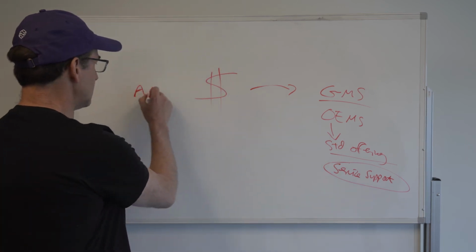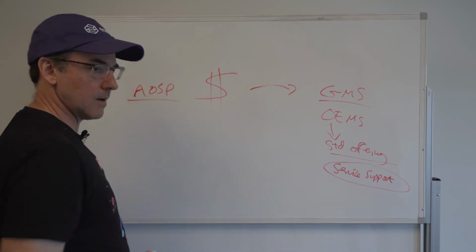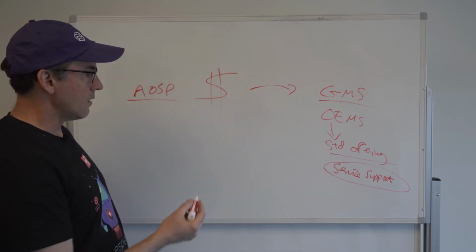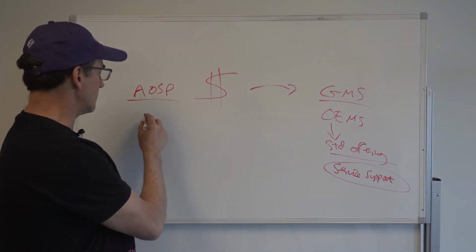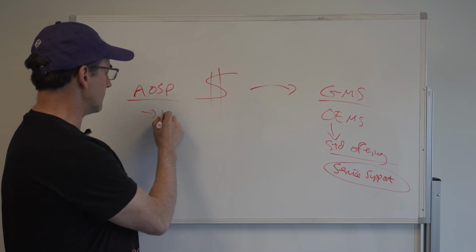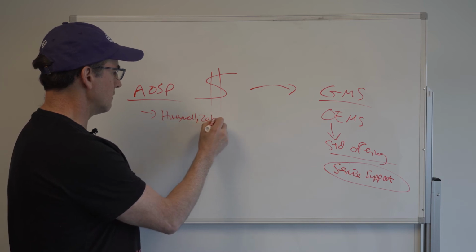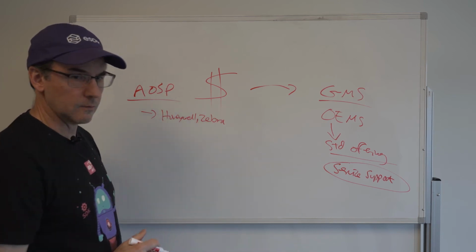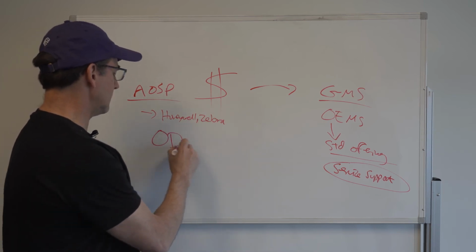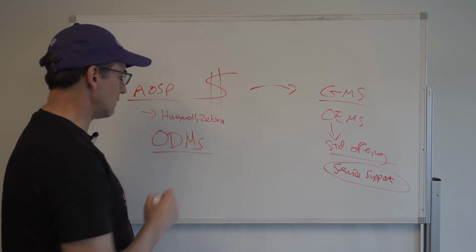On the AOSP side, typically you're talking about custom-built devices. There are some AOSP devices available from vendors such as Honeywell, Zebra, etc., and they do have a mix of AOSP in their fleet, but generally to get this done, you're dealing with ODMs out of Asia.